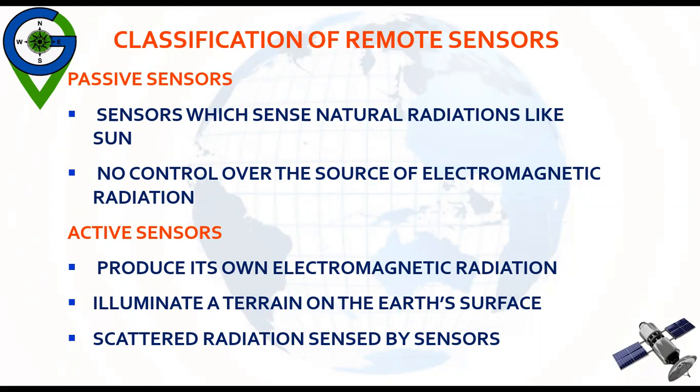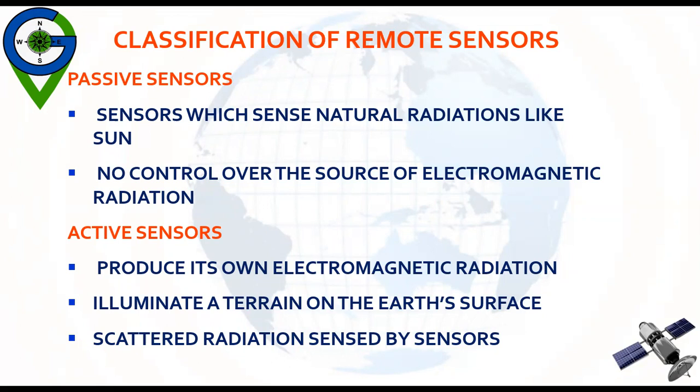Passive remote sensing within the optical range region can only take place during the time when the sun is illuminating the Earth, because the sun is the natural source of energy. That is why there is no control over the source of electromagnetic radiation. So there is no reflected energy available from the sun at night.